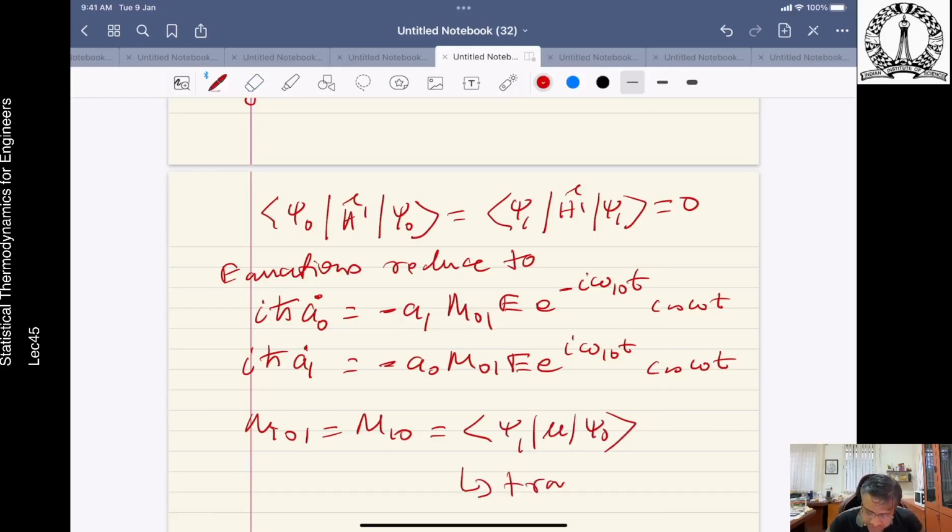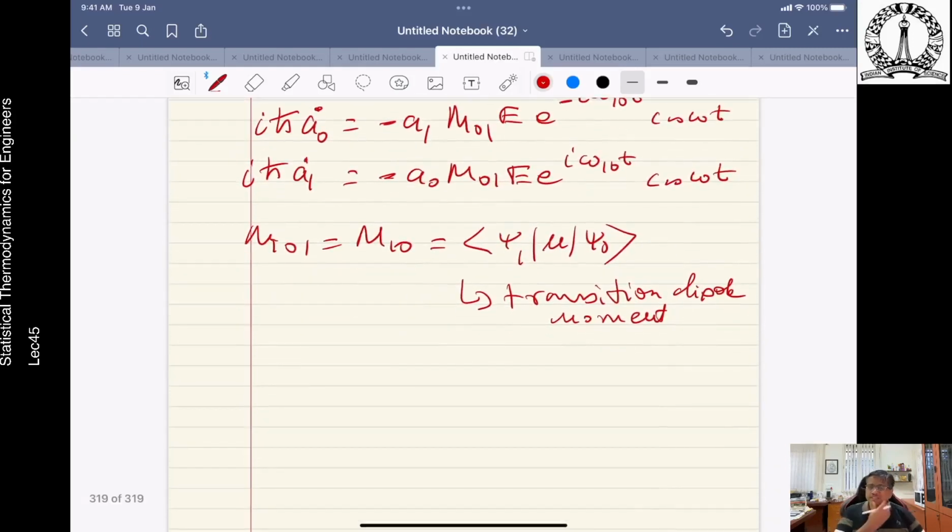This we already have learned. It's the most critical factor in determining the selection rules and everything.